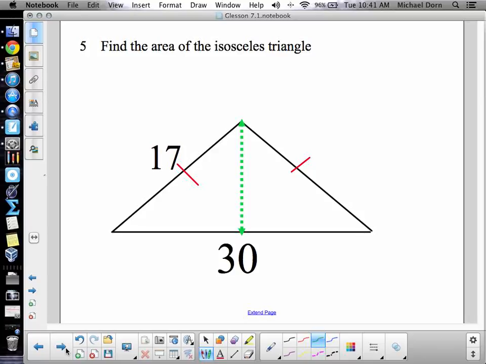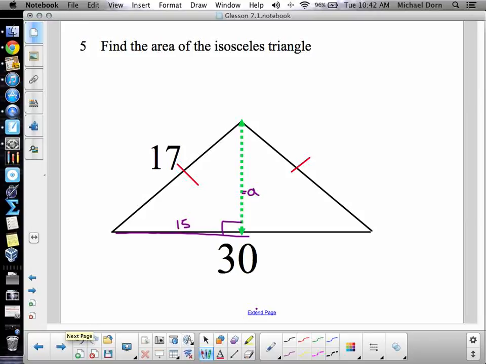How about this one? Find the area of this isosceles triangle. Very similar. It's isosceles. If this whole side is 30, how long is this piece right here? 15. So again, there's my height, or my altitude.